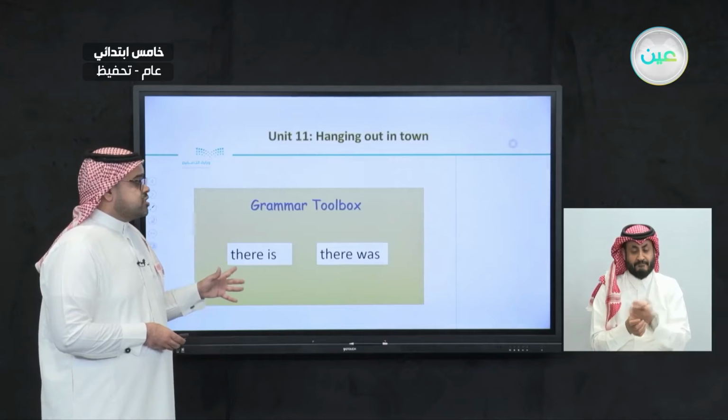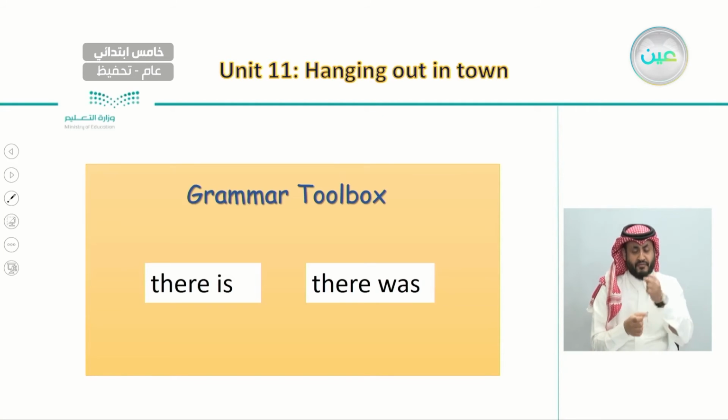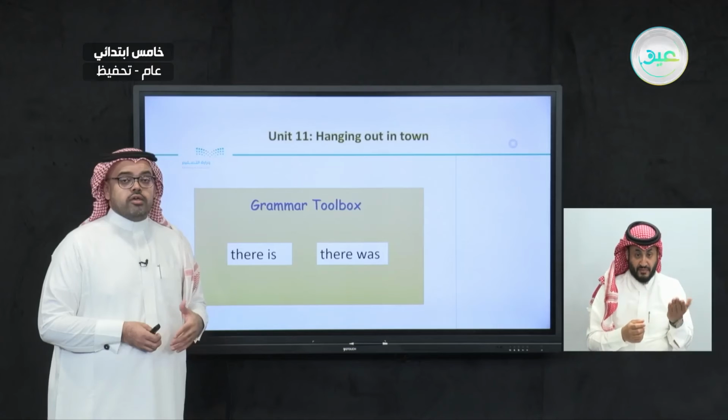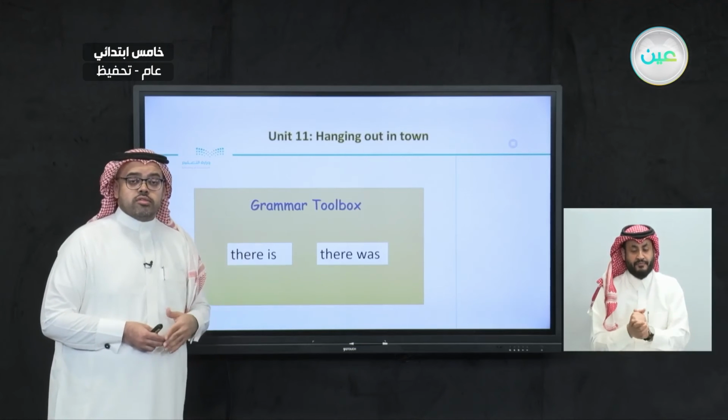Now on page 86 we have a grammar toolbox. So here we're going to learn the difference between there is and there was. Usually when we use there is, we're talking about something in the present or in the meantime. For example, there is rain in the sky.